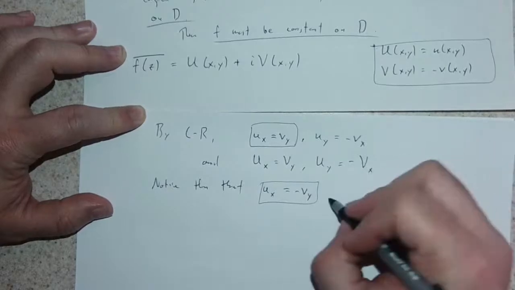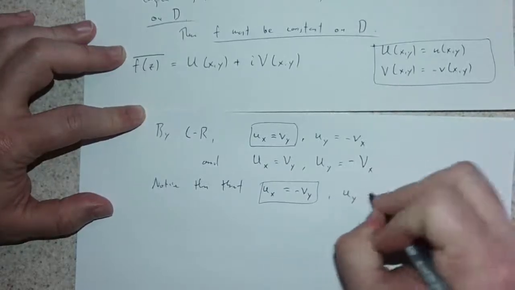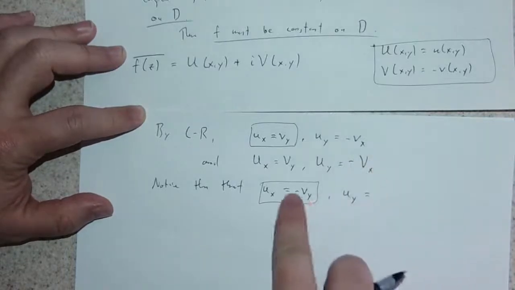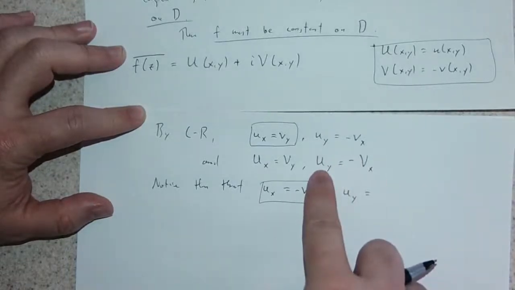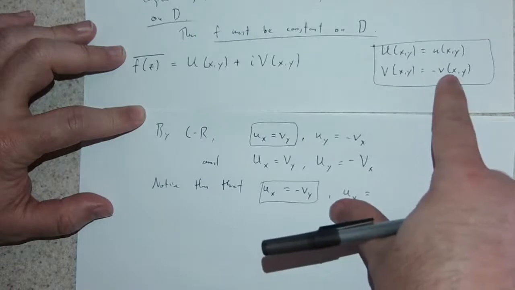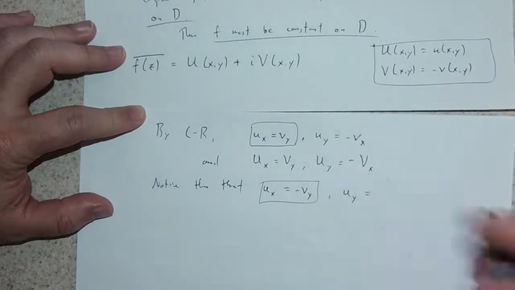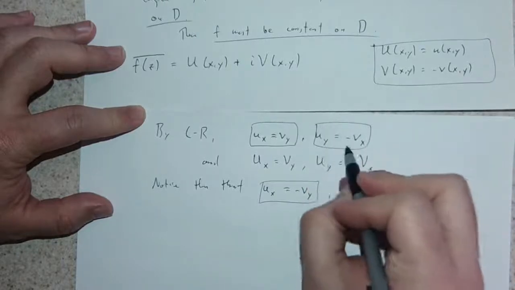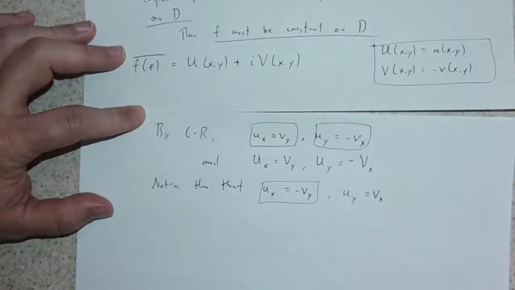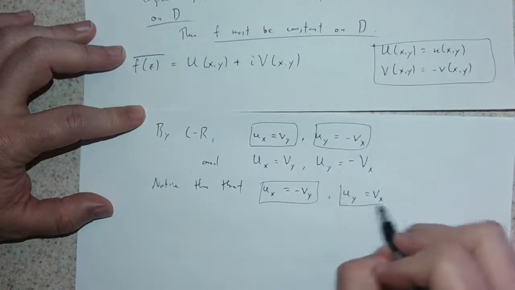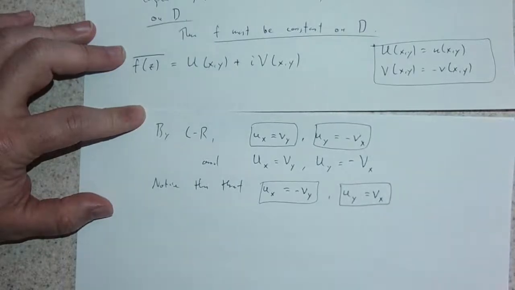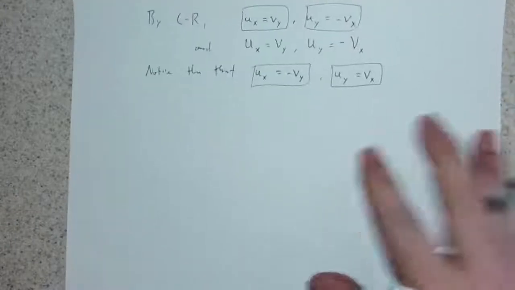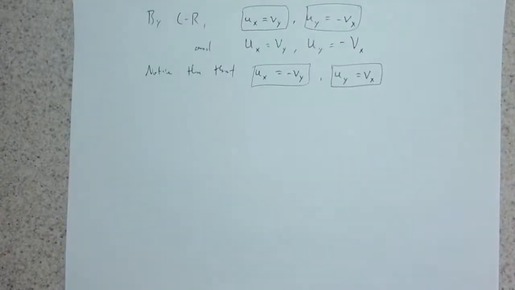But also, little u sub y is equal to v sub x. This is just from big V being equal to minus little v, so this is minus minus, which is little v sub x. So not only is little u sub y equal to minus little v sub x, it's actually equal to positive v sub x. So it's equal to thing and minus thing.